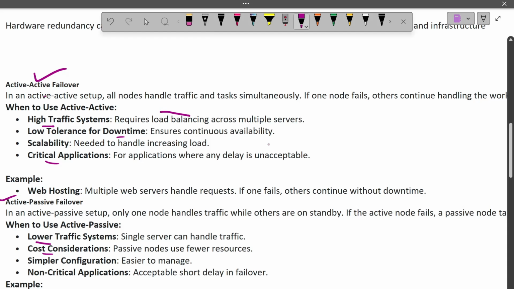Usually in database servers, we have this mechanism of having active passive. When the master or the active node is no longer able to serve, the slave one takes over, or the replica, the other standby system takes over. So this is something which we use in database servers. But that is because we know that there is not a high traffic requirement. Database operations are expensive.